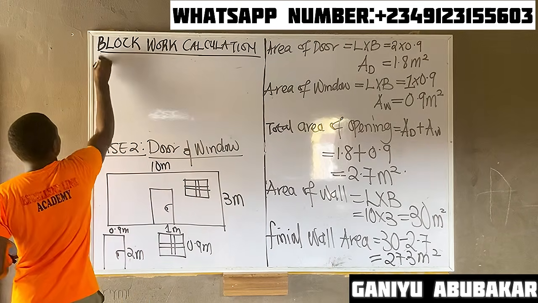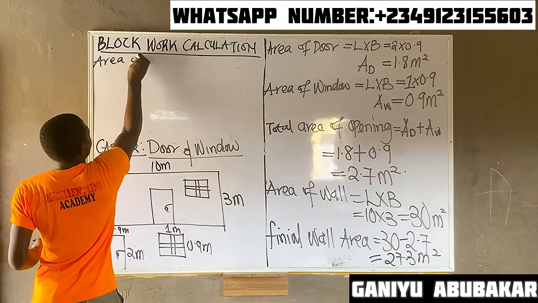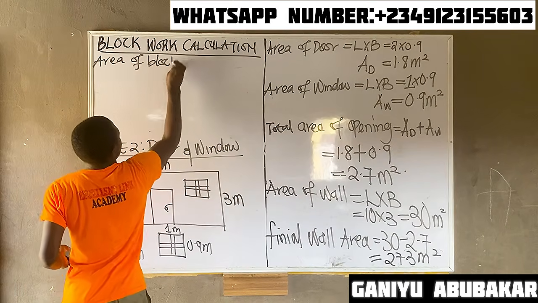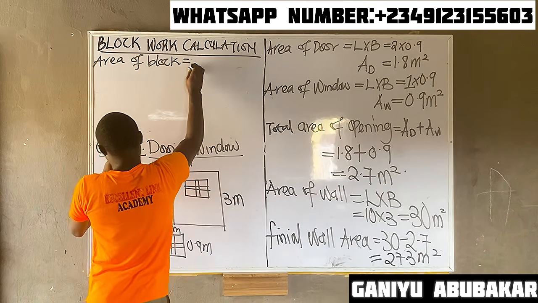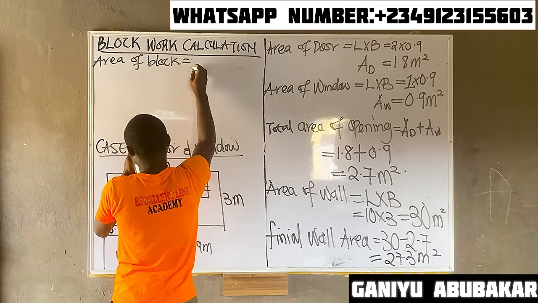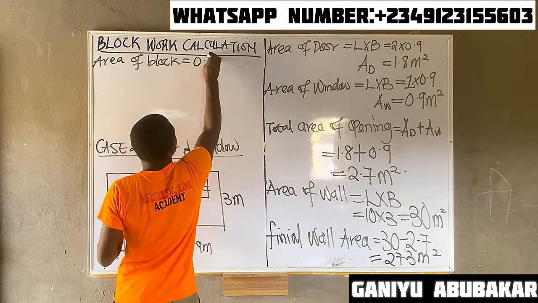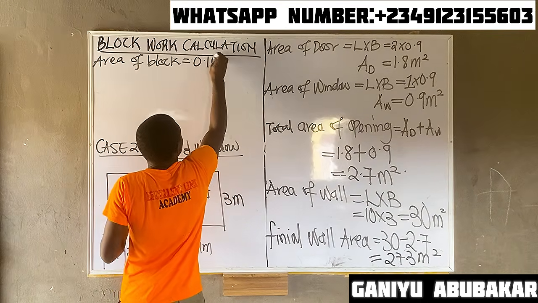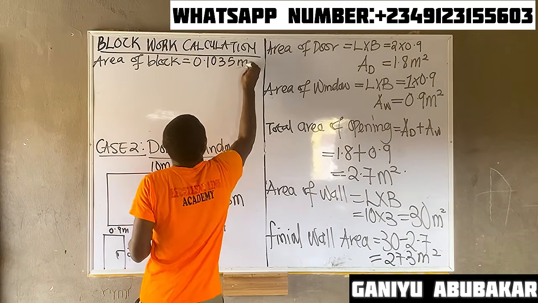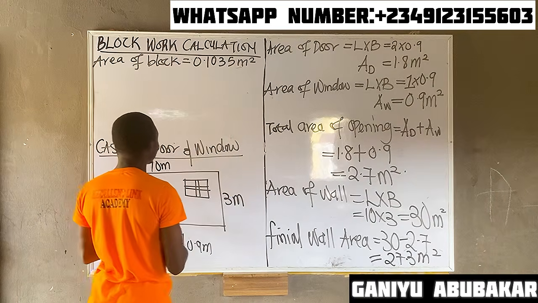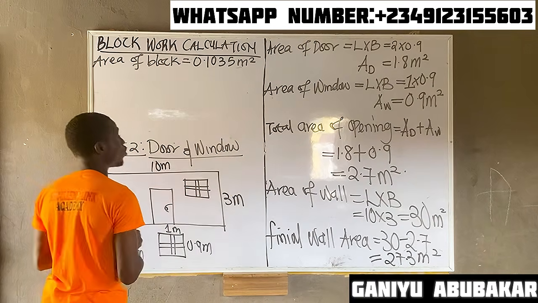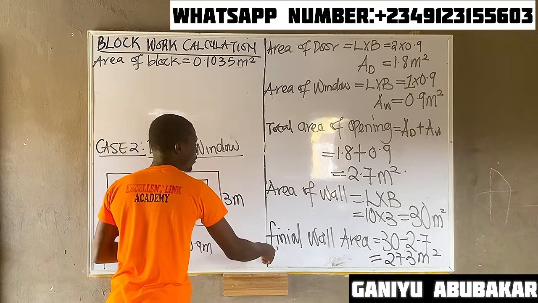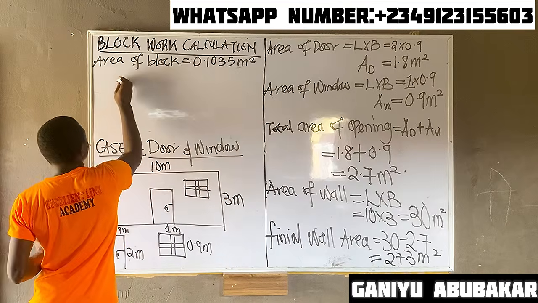So I know that the area of block is what we have before initially: 0.1035 meters square.